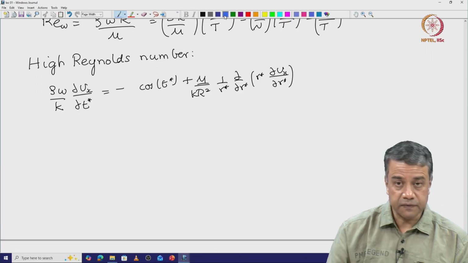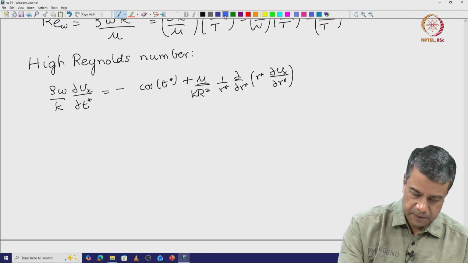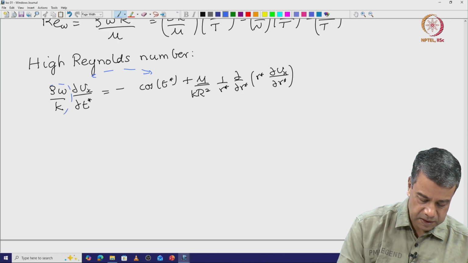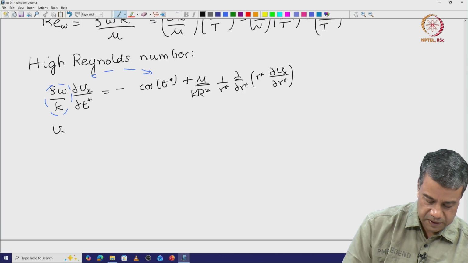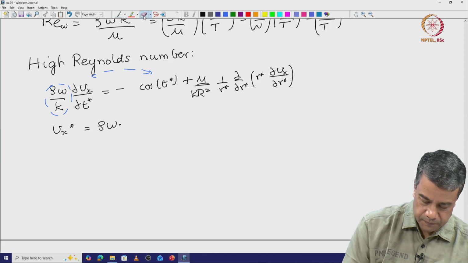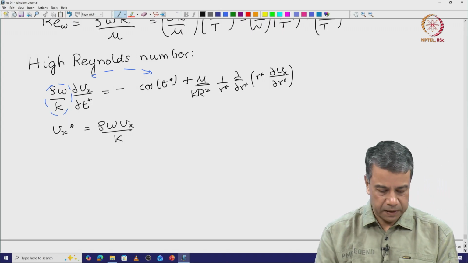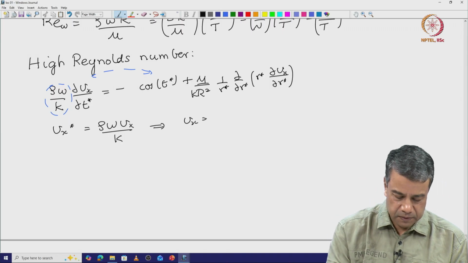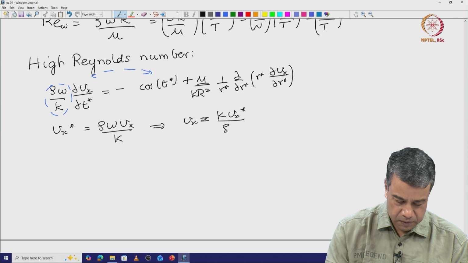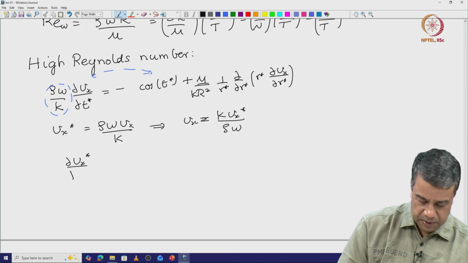Now, if the inertial term and the pressure gradient are comparable, that means that these two terms are comparable. That means that I have to scale the velocity using this factor. Using this factor, I have to scale V x star is equal to rho omega V x by k, which means that V x is equal to k V x star by rho omega. So, this gives me partial V x star by partial t star.